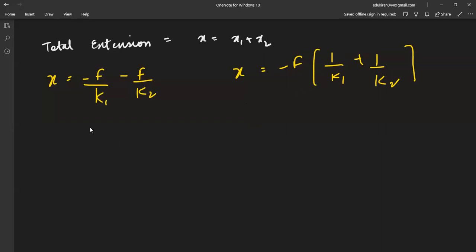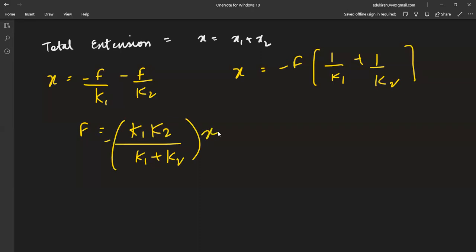From here, if I write K2 plus K1 by K1 into K2, and take it to the other side, it becomes K1 into K2 by K1 plus K2 with a negative sign, into x.